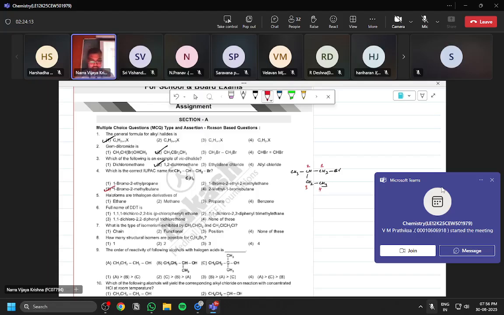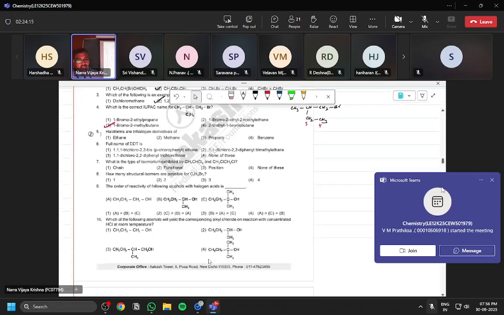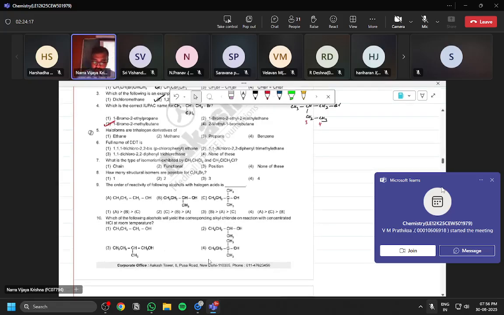Next. Haloforms are trihalo derivatives of methane. Response, sir. Next. Full name of DDT. IUPAC name they are asking or common name? Correct or not? Right?